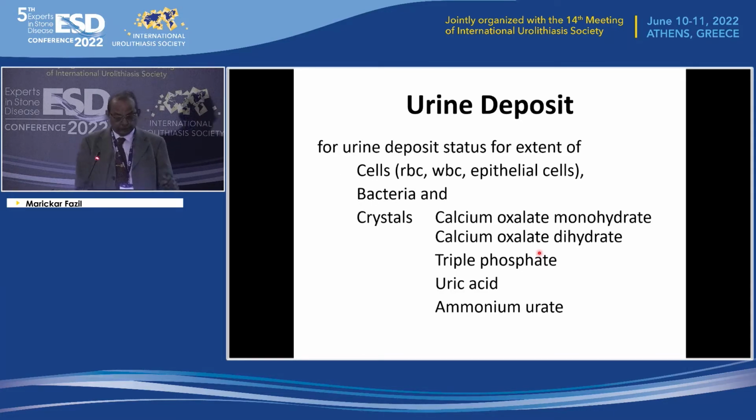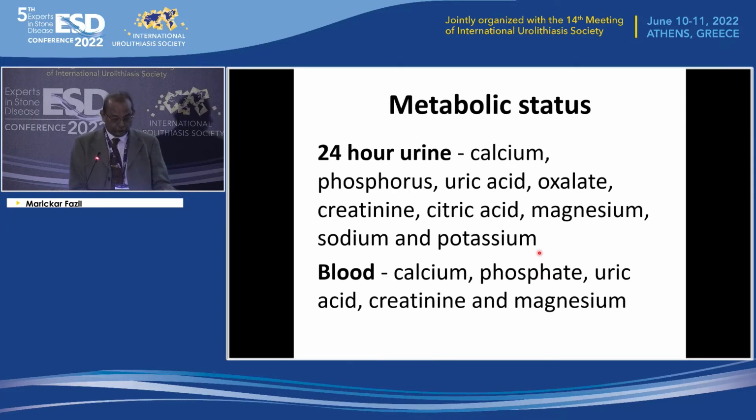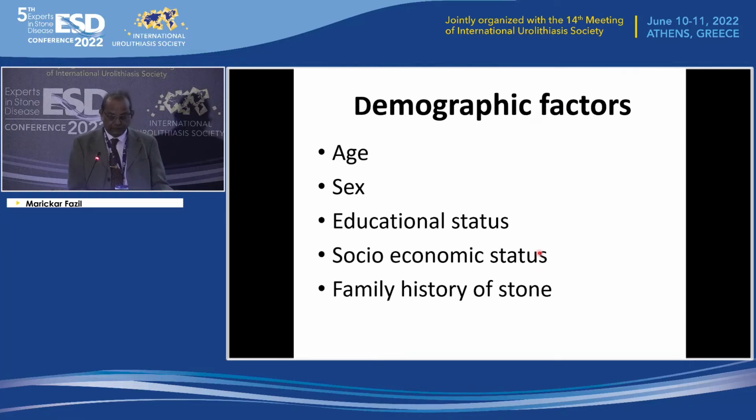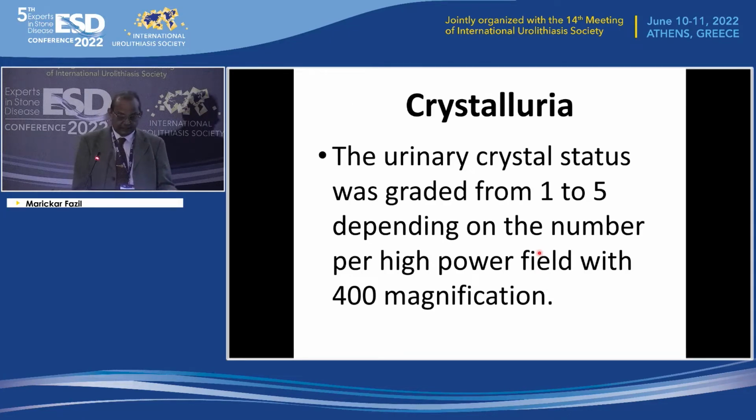In the urine deposits, primarily we look for RBCs, oxalate crystals, and uric acid crystals. Infection stones are very rare in our area, so that was not considered very important. Phosphate crystals were very few in our patients. And the metabolism was correlated with the demographic factors and the extent of crystalluria.